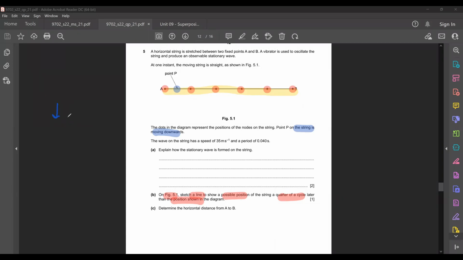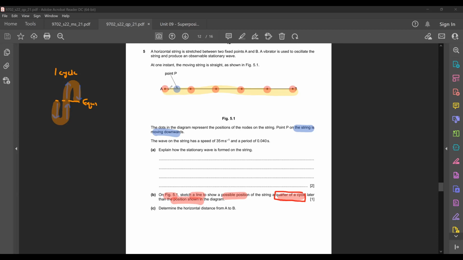And then another quarter cycle later, it will move upwards. And then another quarter cycle later, it continues to move outwards before finally moving downwards again to the equilibrium position after another quarter cycle. So when it moved like this, that was considered one cycle for us. So we are just interested in a quarter of a cycle.